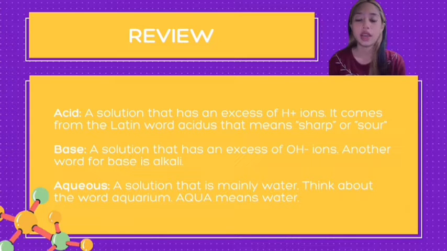Review. Acid, a solution that has an excess of H plus ions. It comes from the Latin word acidus that means sharp or sour. Base, a solution that has an excess of OH negative ions. Another word for base is alkali.